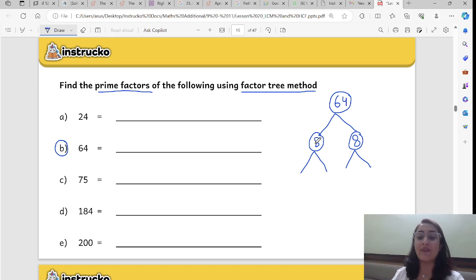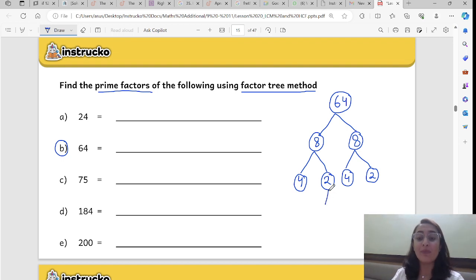For example, 8 can be written as 4 multiplied by 2, so the two factors of 8 are 4 and 2. Similarly, here also I'll write 8 as 4 and 2, because 4 multiplied by 2 gives me 8.